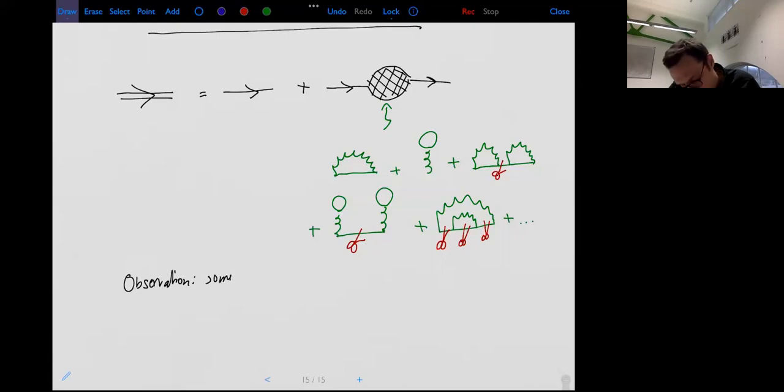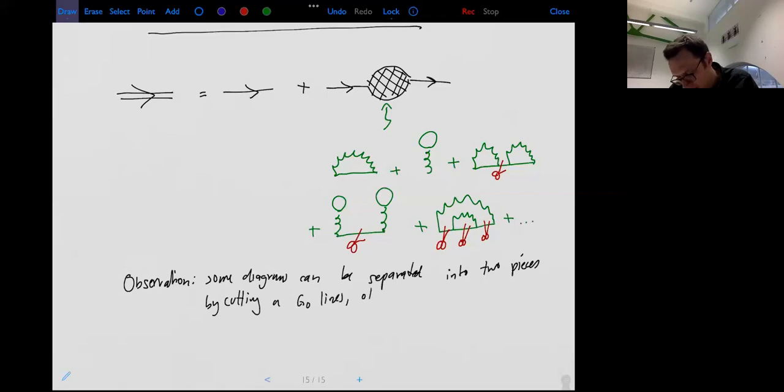So some diagrams, right. So that is, of course, a very fundamental observation that this is possible.